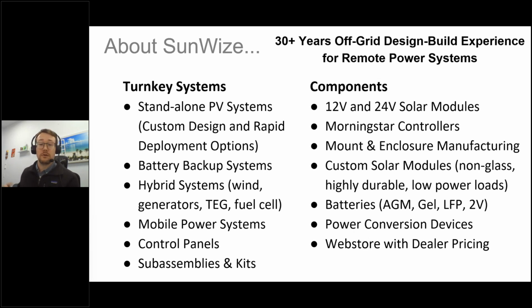SunWize manufactures our own line of both nominal 12-volt and 24-volt solar modules, ranging from 5 watts to 400 watts. We also support various partners such as SolarTech Power, which also has a module lineup ranging from 5 watts to 160 watts, also available in nominal 12 or 24 volts.